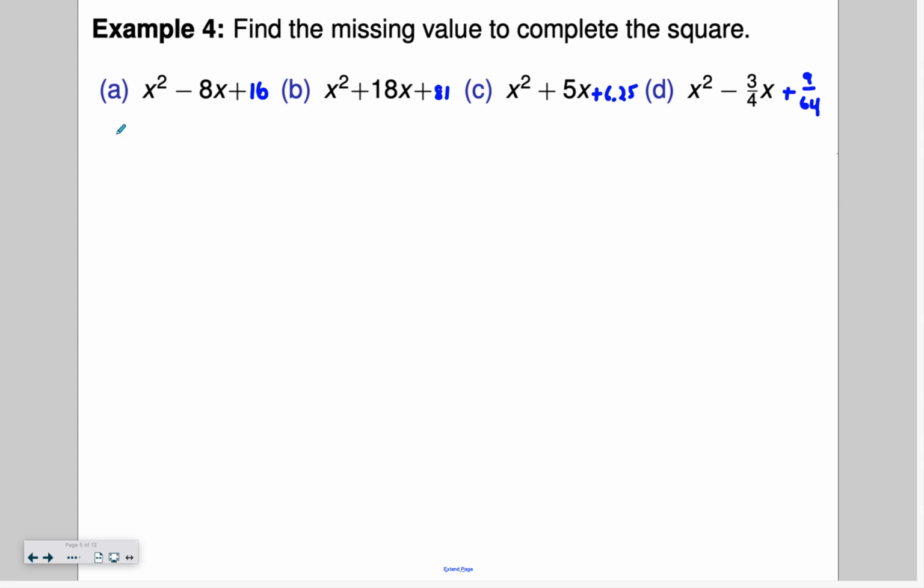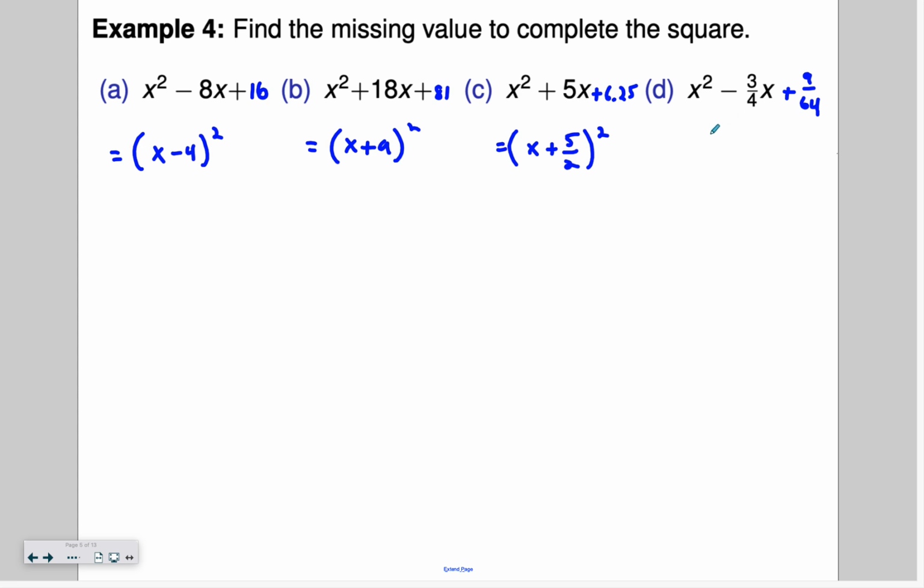So we can actually factor these as well. What's b over 2? It was negative 4. So this is x minus 4 squared. What was b over 2 here? It was x plus 9 squared. So these are equal to those things, right? b over 2 here was x plus 5 over 2 squared. Yay!